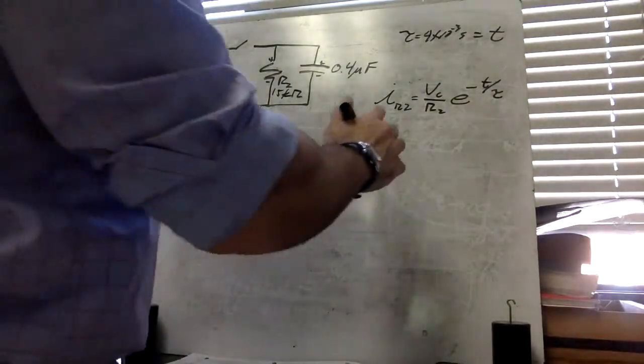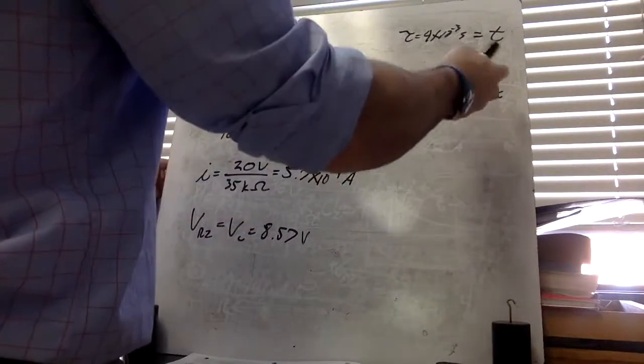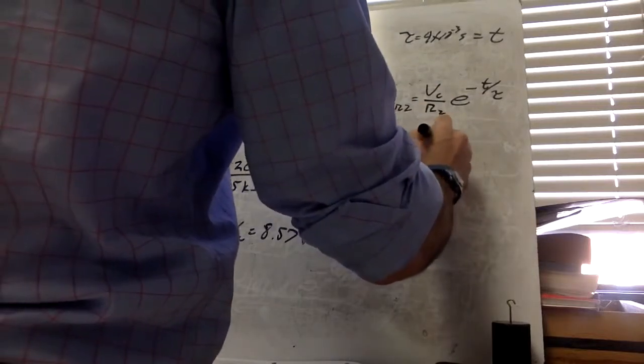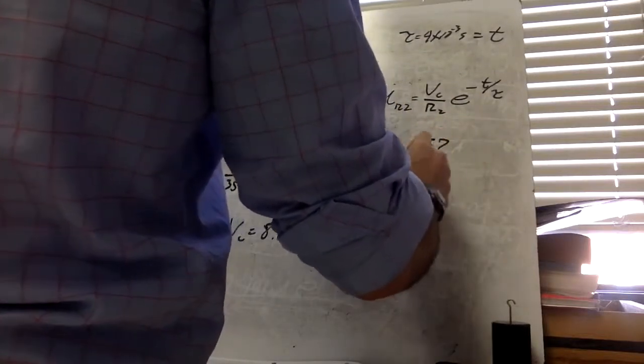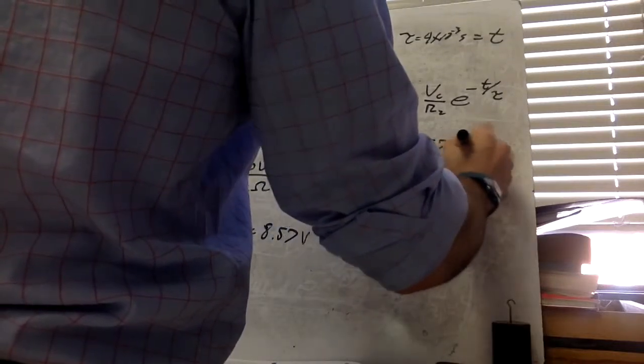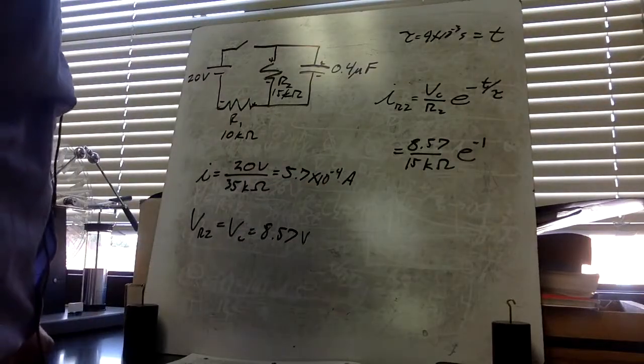And so this ends up just being negative 1. So VC is 8.57 over, and then this is 15 kilo ohms times e to the negative 1. And what is that going to give us?